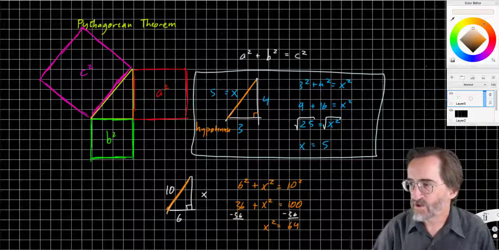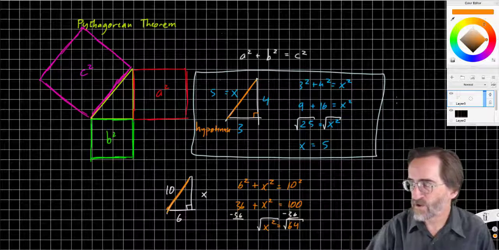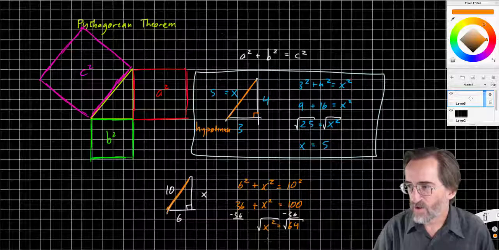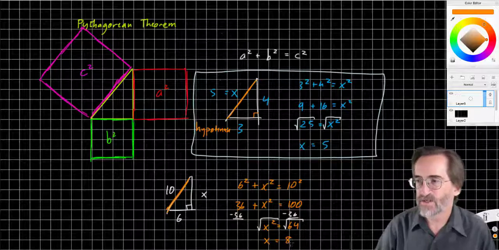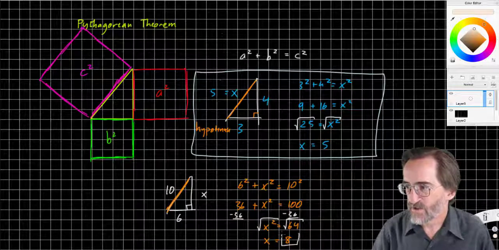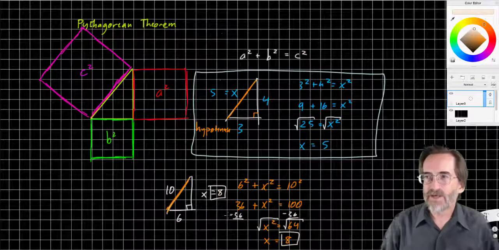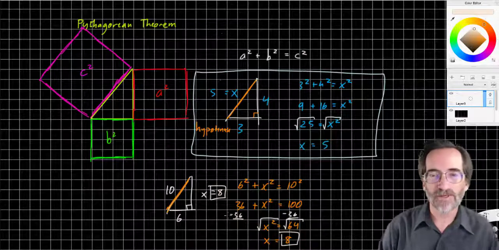And now to unsquare, we square root. You can use your calculator, SQRT in Desmos, or you can just think what number times itself is 64, and the answer is 8. Okay, so x is 8. The missing side is 8. Okay, so that's how to use the Pythagorean theorem to find the missing side.